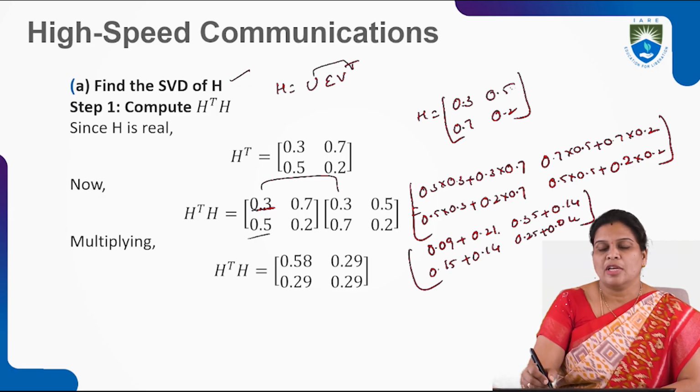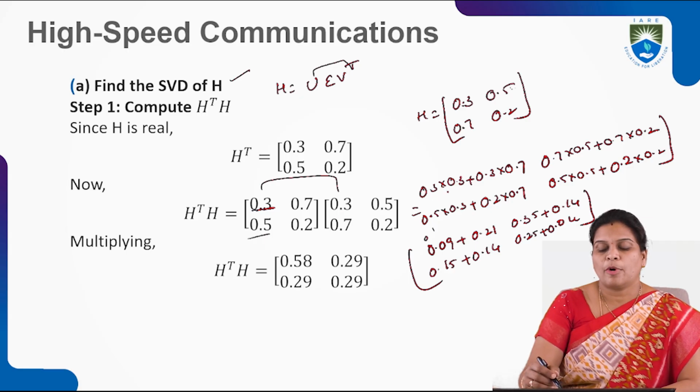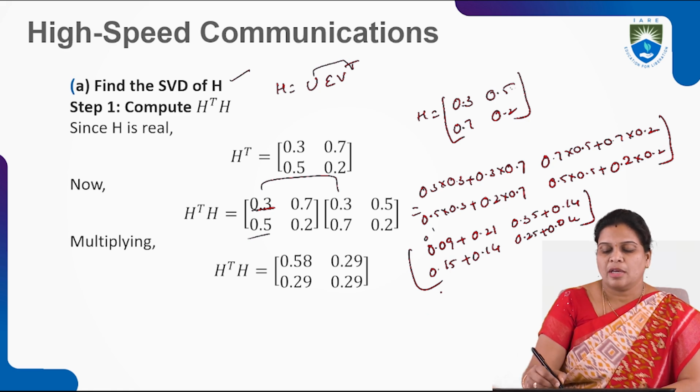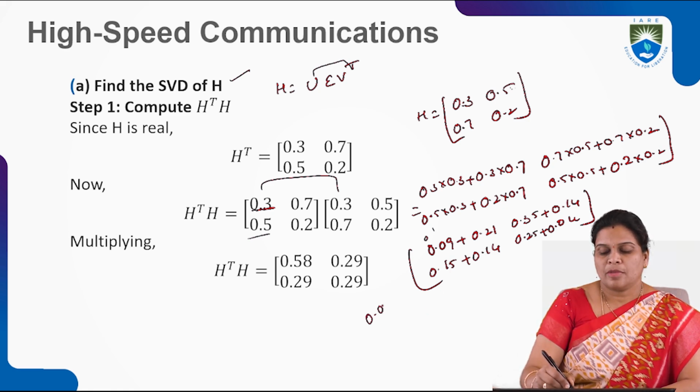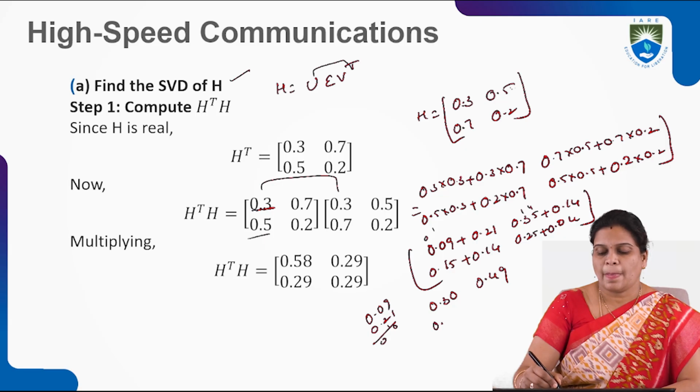Now adding these: 0.09 plus 0.49 is 0.58, then 0.29, 0.29, and 0.29. This is the H transpose H.